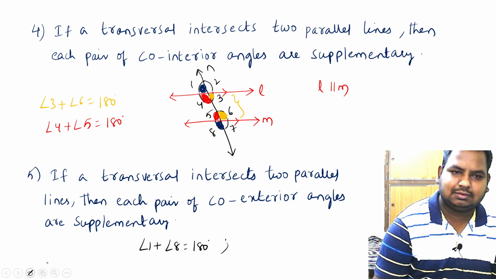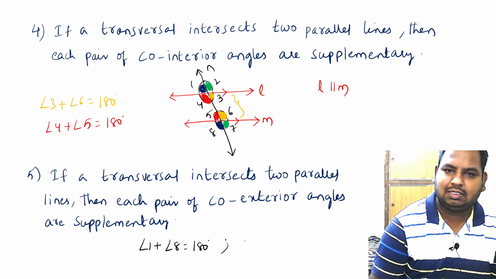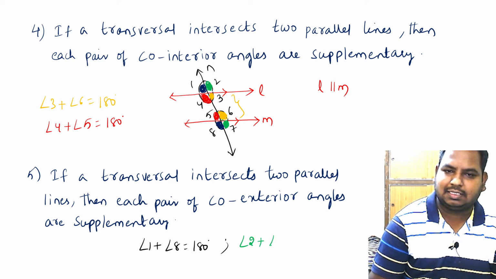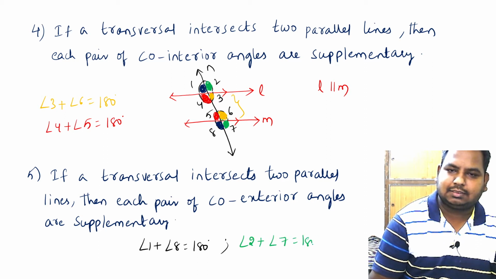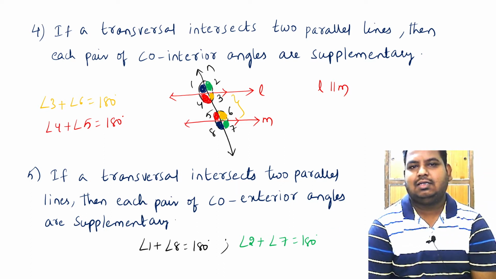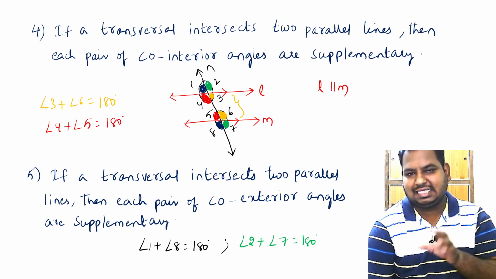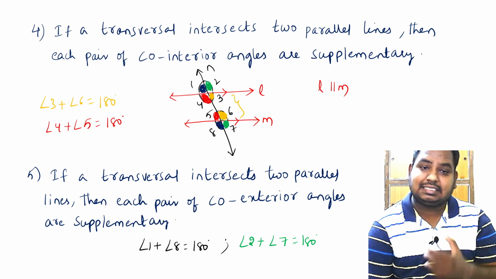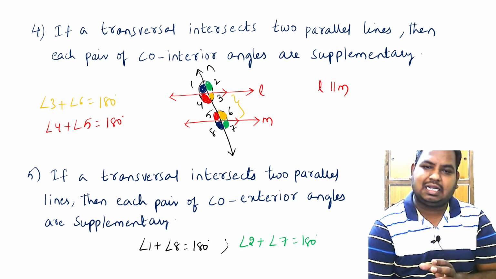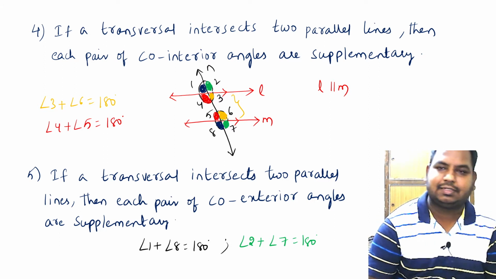Second pair is angle 2 and angle 7. So angle 2 plus angle 7 is equal to 180 degrees. We have learned two important points here. If you have two parallel lines, then co-interior angles are supplementary, and if you have two parallel lines, then co-exterior angles are supplementary.